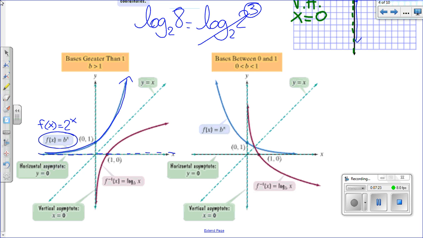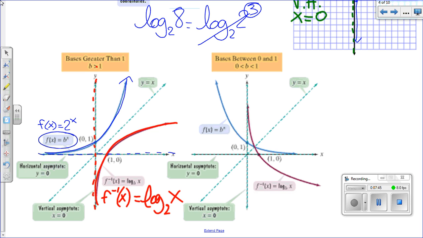Now, what we can see here is the inverse function, and let's just say that the inverse is log of x base 2. So you can see the graph is here, and instead of having a horizontal asymptote, we have that vertical asymptote, and that is there.